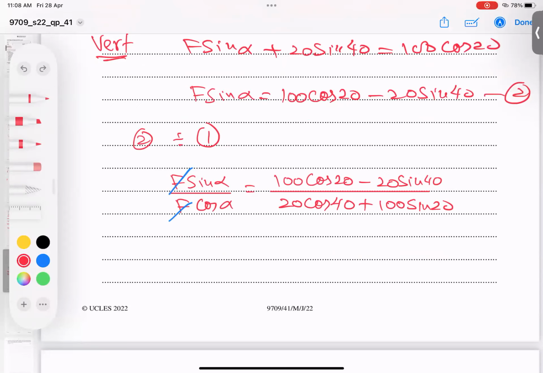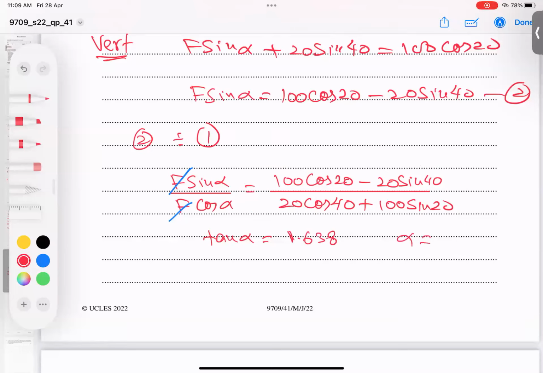Tan alpha equals, I just write it all together. Let's see what answer comes. If you type this all together, I get 1.638. Now take tan inverse on the other side.